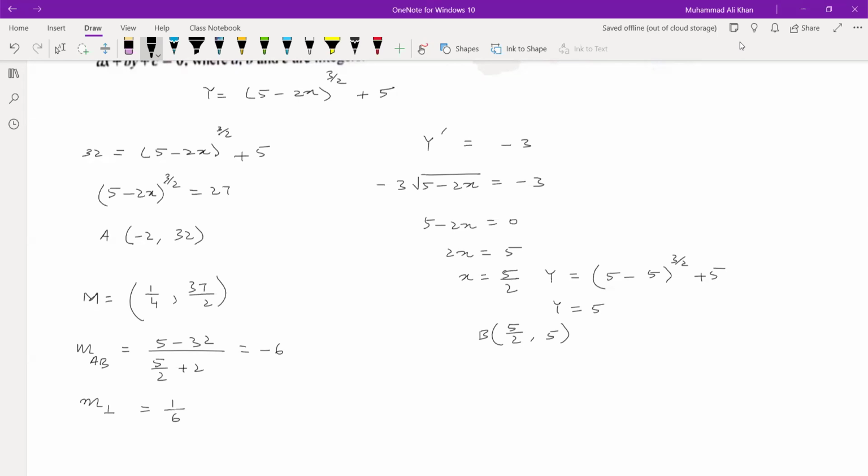Now, by using y minus y1 equals m times x minus x1, find out the equation of the perpendicular bisector. So it will be y minus 37 over 2 equals 1 over 6, 4x minus 1 over 4.